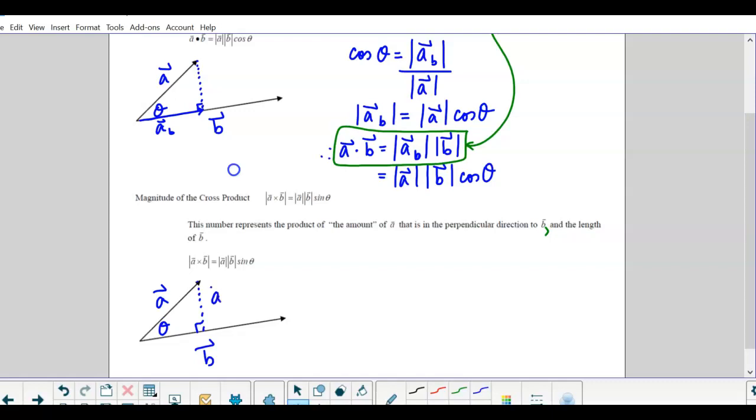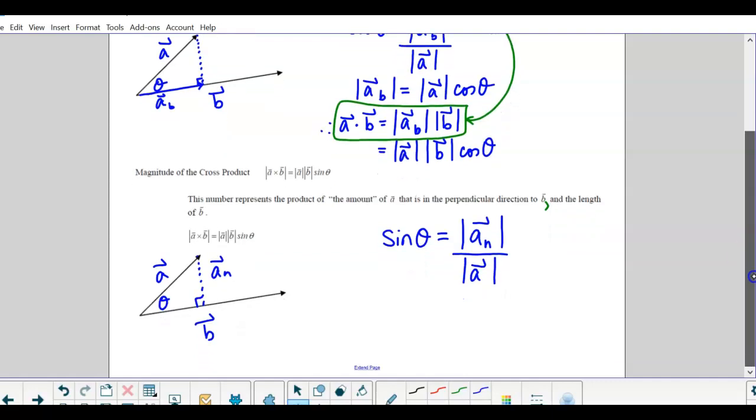So I'm going to call this N, for normal, I guess you could say. So if we think about sine of theta, that's the magnitude of this side over the hypotenuse, and solve for that, so for that perpendicular.